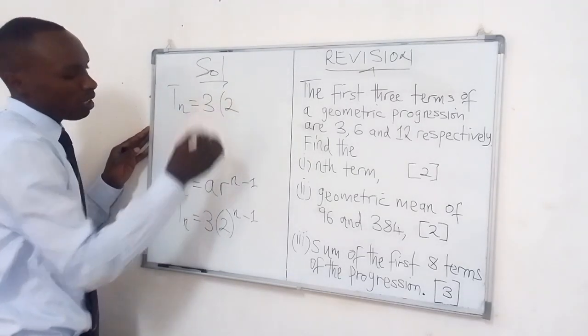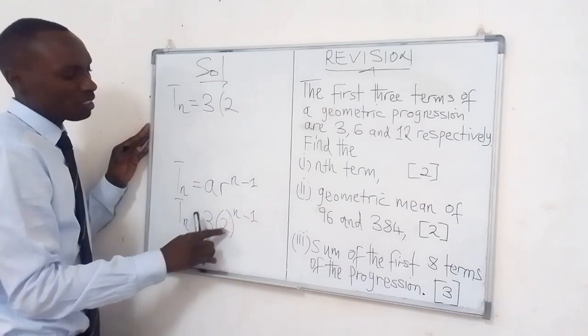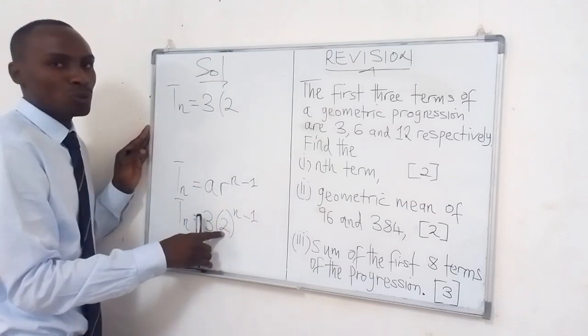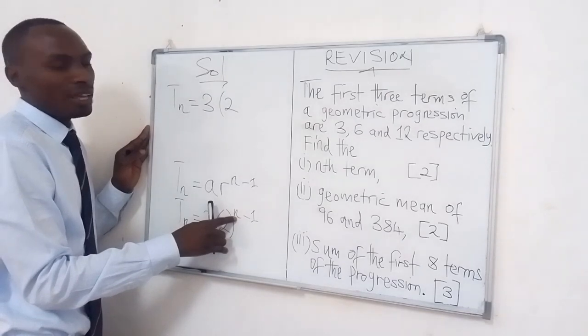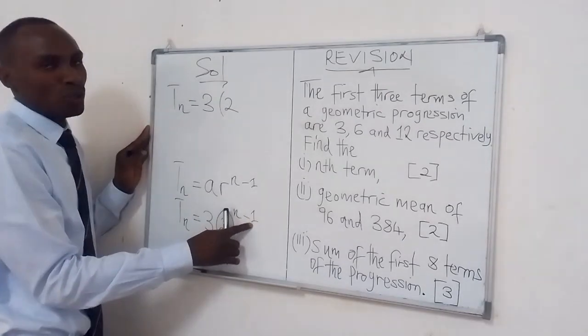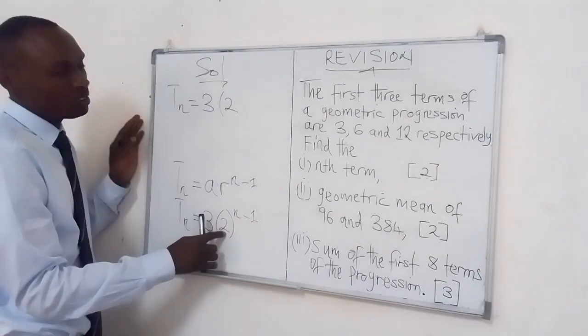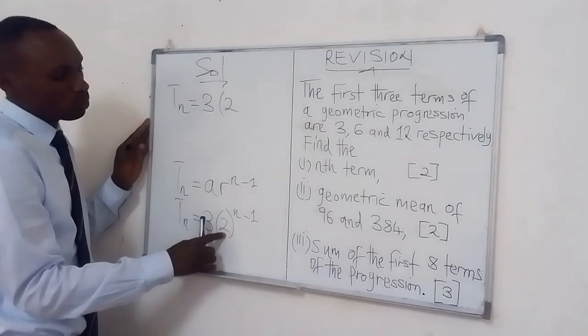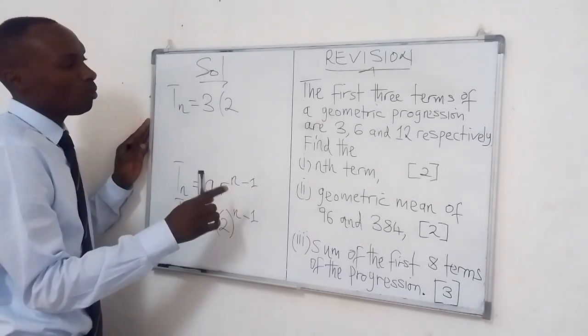Power n minus 1 simply means that the base is 2, with the power n on top and the other one below with power 1. So this is a division of 2 to the power n by 2 to the power 1.